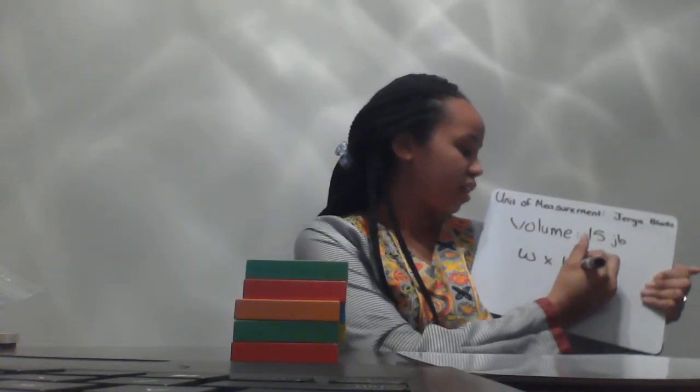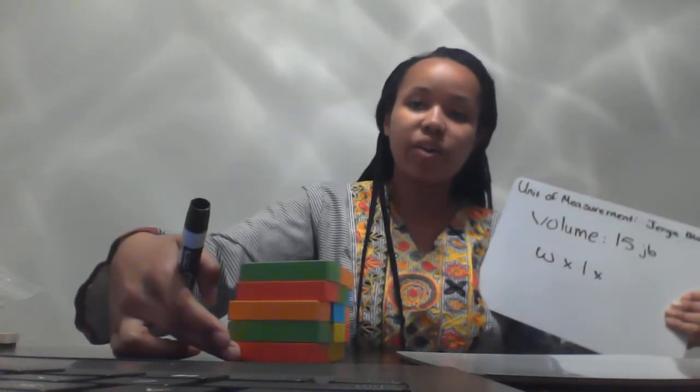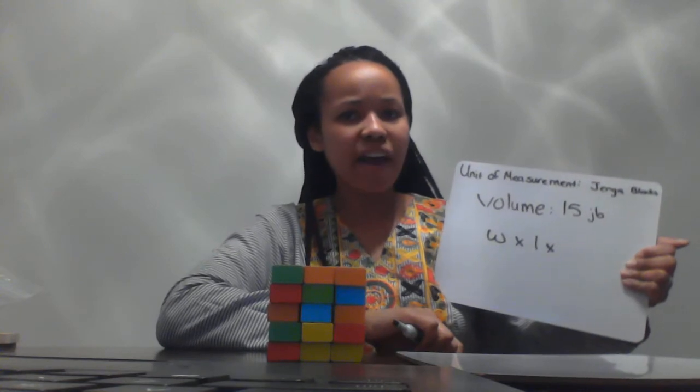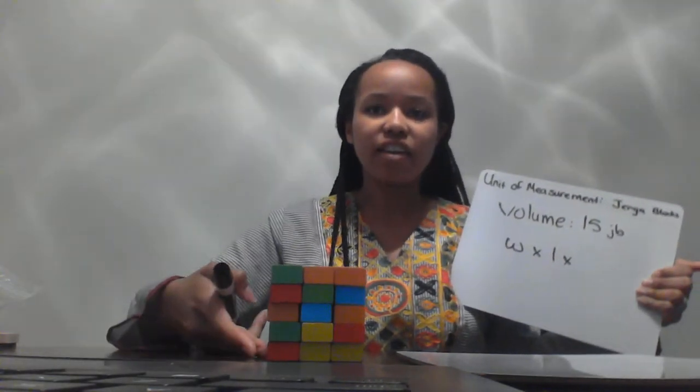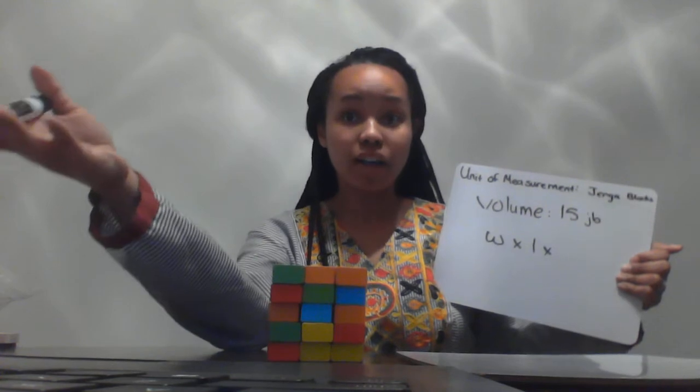So far I have width times length, and then there's one more factor I need to include in this little tower structure. Pause the video. What other factors should I include? I have my width, I have my length. What am I going to include next to figure out the volume of the entire Jenga block structure?